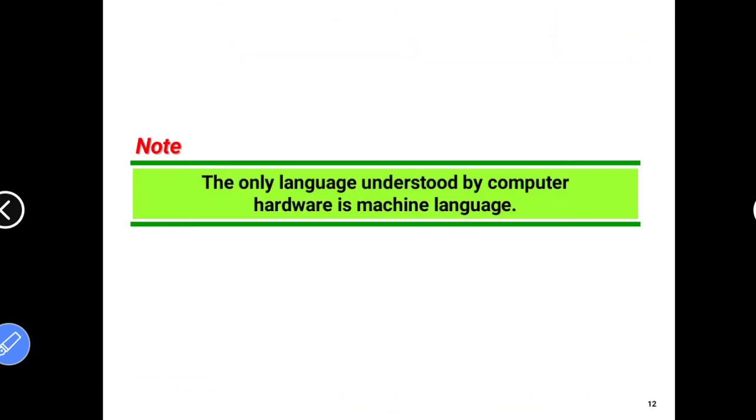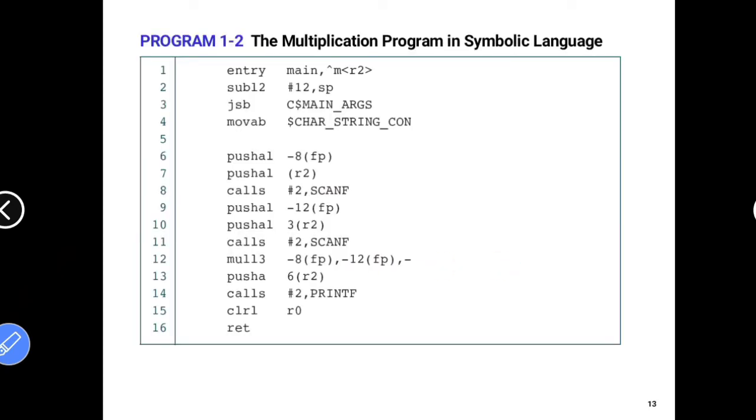The only language understood by computer hardware is machine language, which we discussed now. After too many problems, they decided to introduce assembly language. If you study microcontrollers, you will also see how assembly programming language works there.